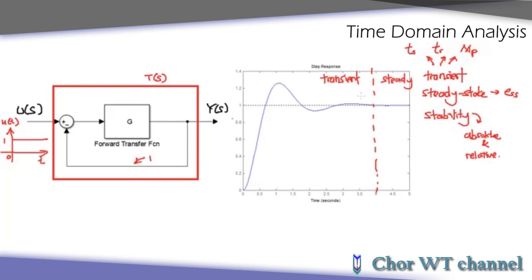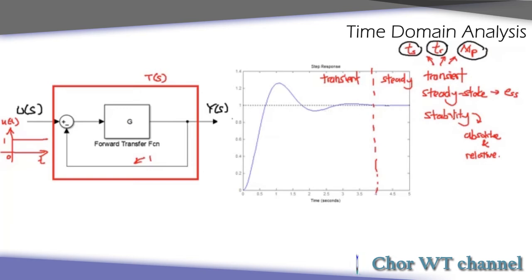Okay, so let's look at the transient. What do we look for in a transient? We have settling time, rise time, and maximum overshoot. What do we mean by settling time? The settling time is the time needed for the system to settle, therefore the name settling time. How do we define that?